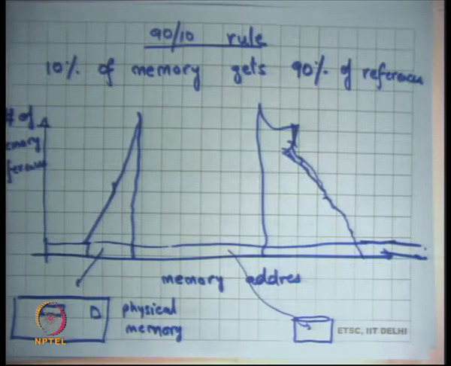The whole basis of caching is that there needs to be some locality, and there's a huge amount of skew. The 90-10 rule says that, roughly speaking, in typical programs 10% of memory gets 90% of the references. So if this 10% of memory is brought into the physical memory, then you already have a very high hit rate.